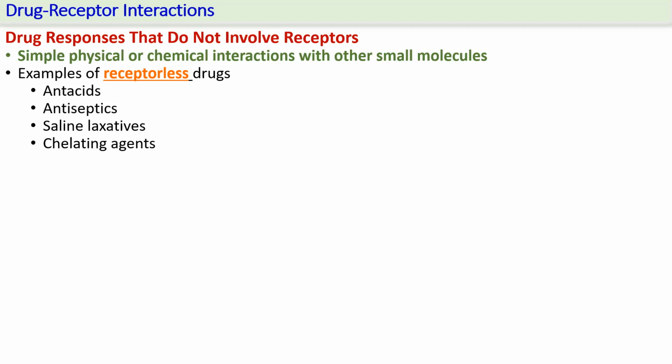They form what are called complexes with toxic molecules, which will be released with bowel movement or in urine. So these chelating agents help the body to get rid of these toxic materials.